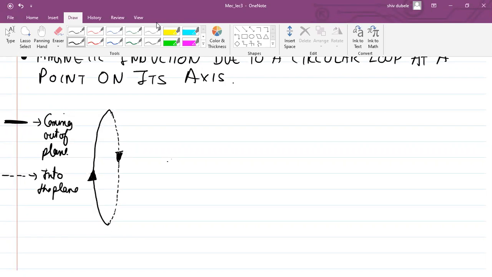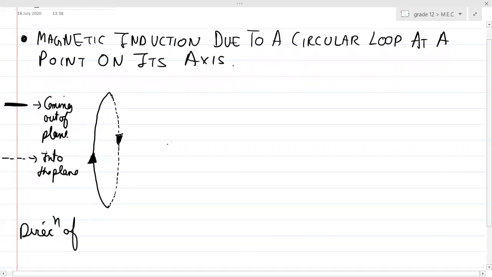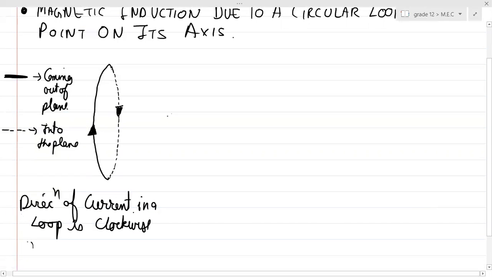Clockwise. Perfect. That's why this solid part and dashed part is just to give clarity, just a part of the diagram. So direction of current in the loop is clockwise as seen from right.